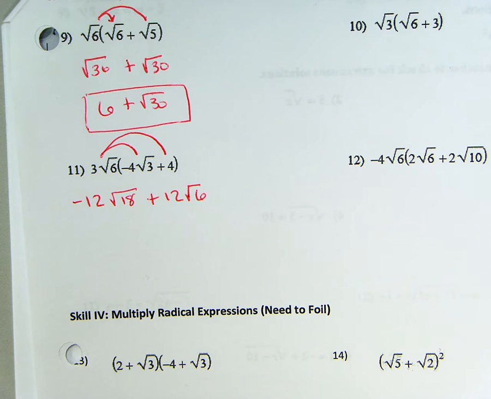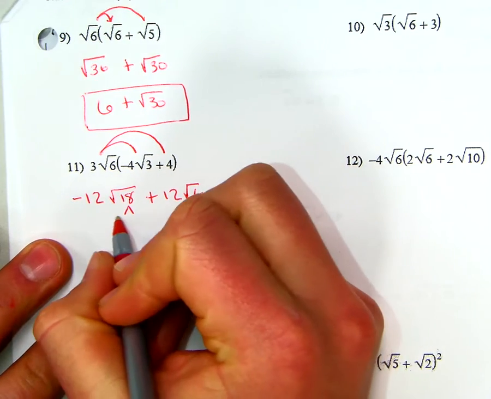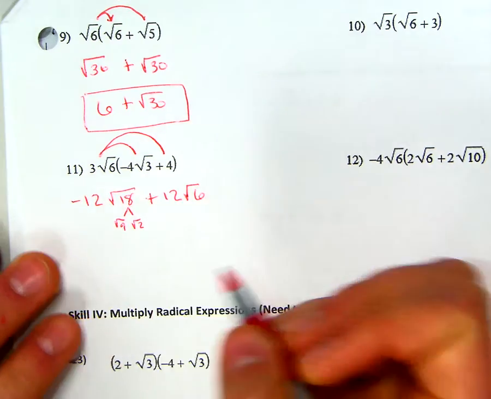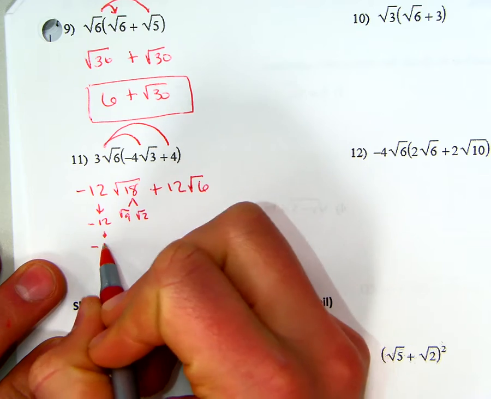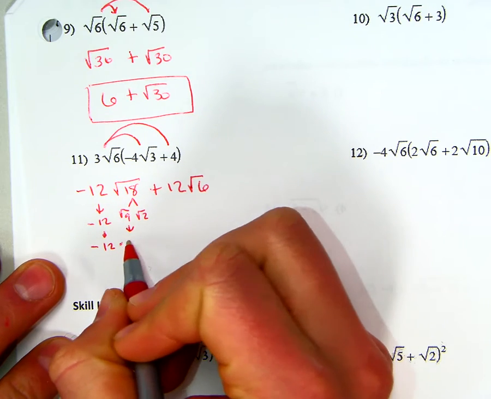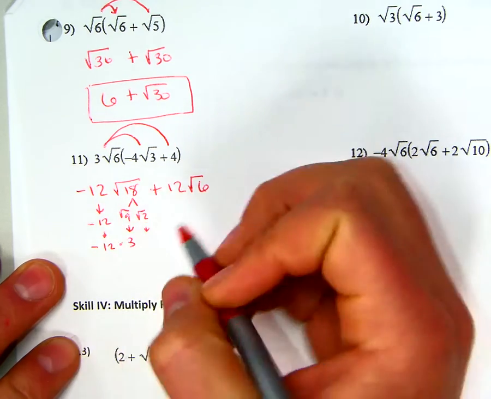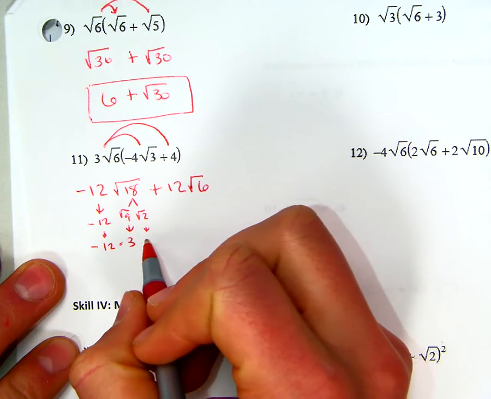All right. From here now, we can break some of these things down. 18 can get broken down into the square root of 9 and the square root of 2. The negative 12 is just going to drop down. And then the negative 12 is going to drop down again. This turns into just 3. This drops down to the square root of 2.